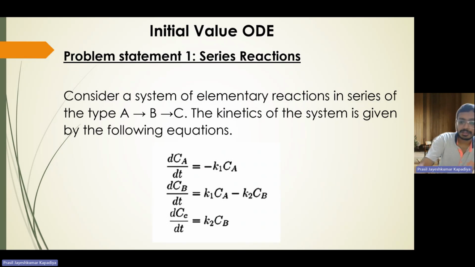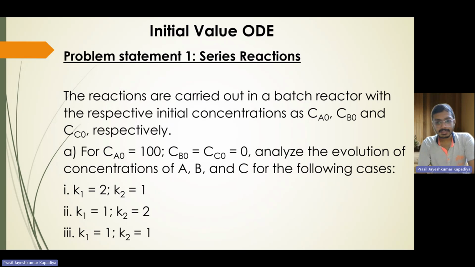So all are first order reactions. The reactions are carried out in a batch reactor with respective initial concentrations CA0, CB0 and CC0. Our first part is for CA0 equal to 100 and no CB0, CC0. Analyze the evolution of the concentrations.